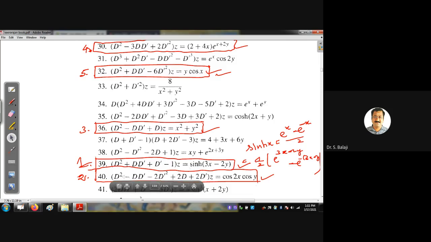Second problem: D square minus DD dash minus 2D dash square plus 2D plus 2D dash of z equal to cos 2x into cos y.